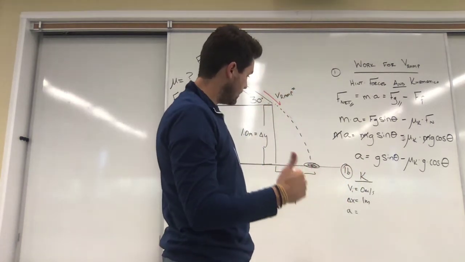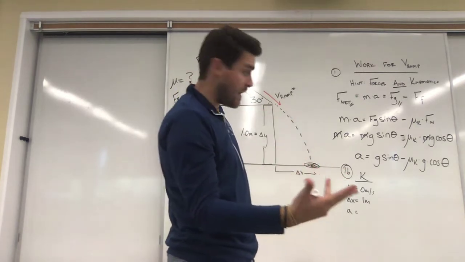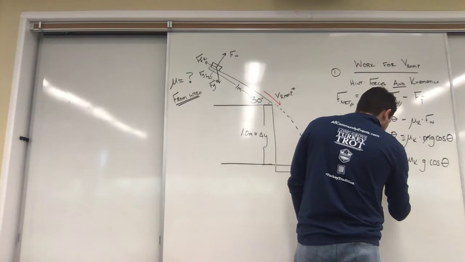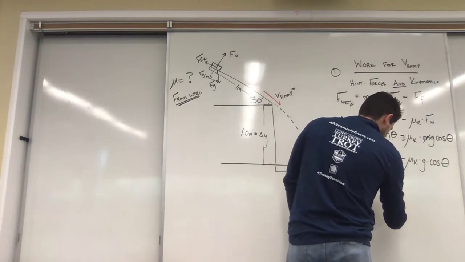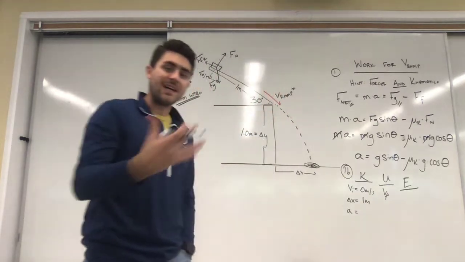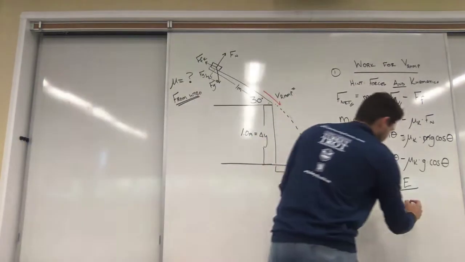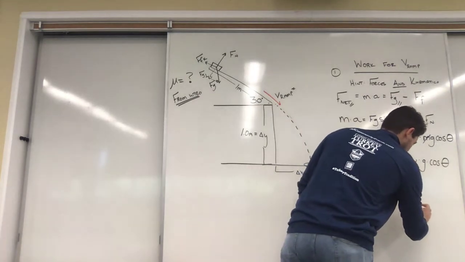Initial velocity, position, acceleration. I'm looking for final velocity. That's my unknown. I know an equation that I can use that includes velocity, position, and doesn't include time. It's my squares equation.